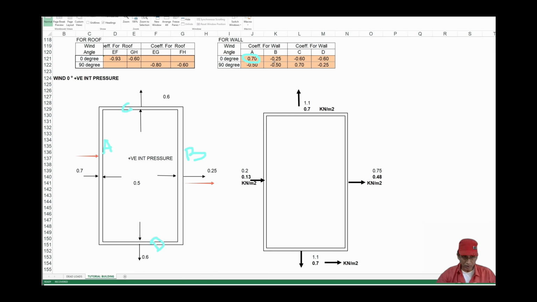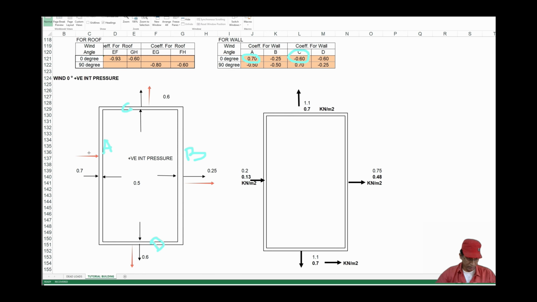Now come to wall C. Wall C has a minus sign, minus 0.6. Minus means away from the wall. And wall D also has minus 0.6. So that means this is also away from the wall.